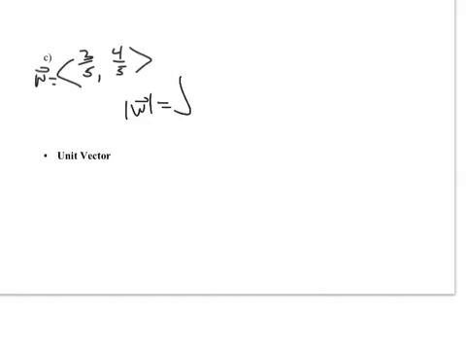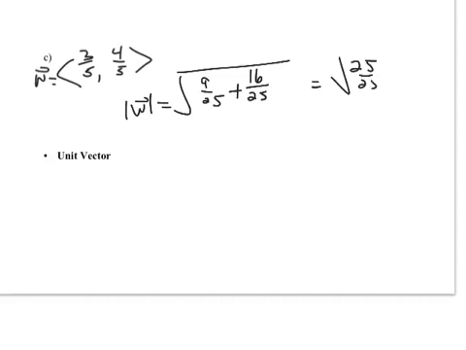If I square 3 over 5, I get 9 over 25. And squaring the other one, I get 16 over 25, which when I add those two together, I get the square root of 25 over 25. And that simplifies down to 1. So when the magnitude of a vector is 1, we call that a unit vector.